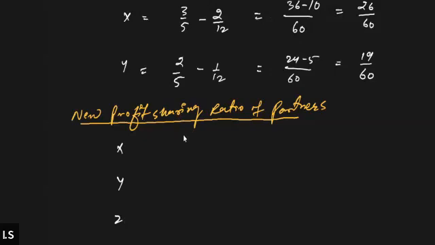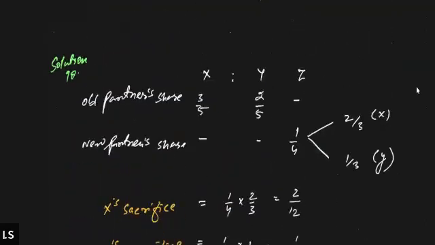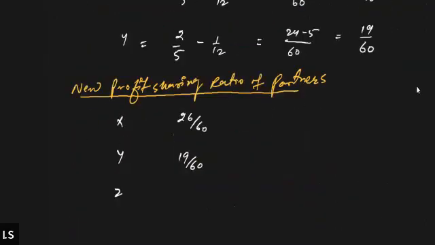So the new profit sharing ratio for X will be 26 by 60, then 19 by 60, and Z has acquired how much share? 1 by 4. But since the base is not equal, we need to equalize the bases.